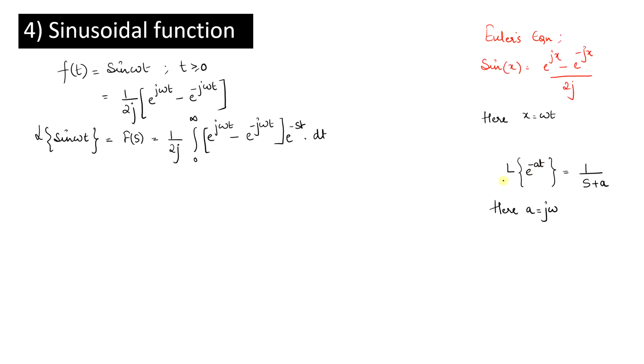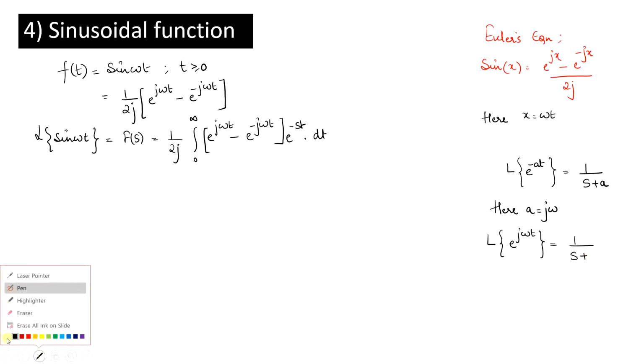In similar steps, if I have to compute the Laplace transform of e power j omega t, this will be equal to 1 divided by s minus j omega.